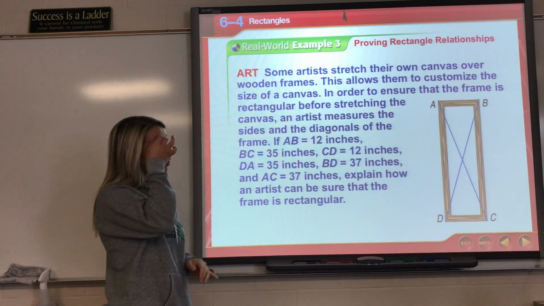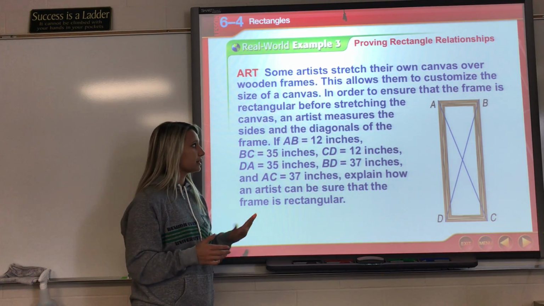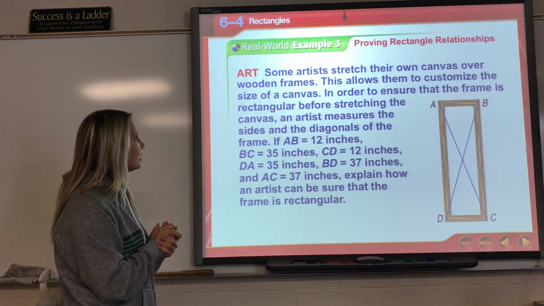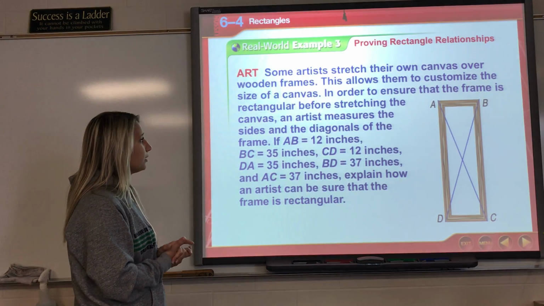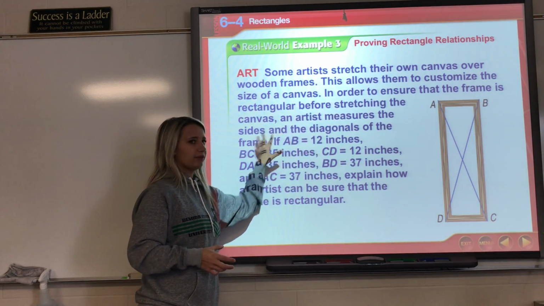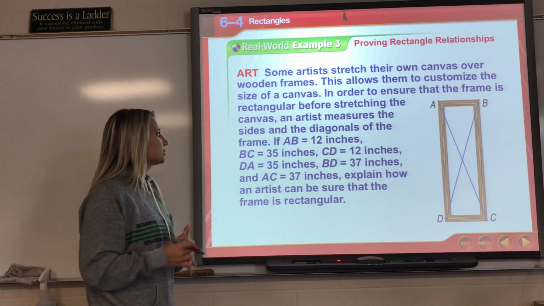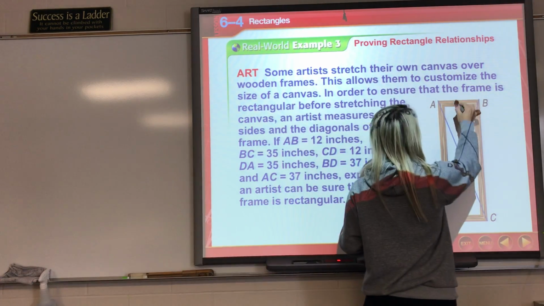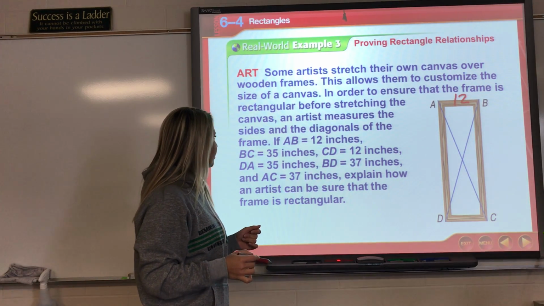Okay, so this is a really long word problem, but it just has some extra information about the diagram. So we're given these wooden frames and we're putting canvases over them. Okay, let's just look at this information, the stuff with the numbers. So we're going to go ahead and plug some things in. So it says AB is 12 inches, so we have 12 here. Okay, BC is 35.